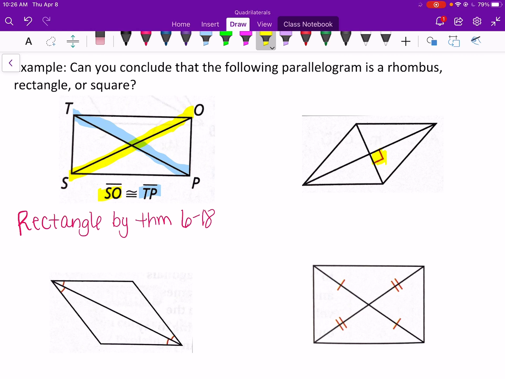And theorem 616 says that if the diagonals of a parallelogram are perpendicular, then we have a rhombus. So this parallelogram is a rhombus. And that's theorem 616.